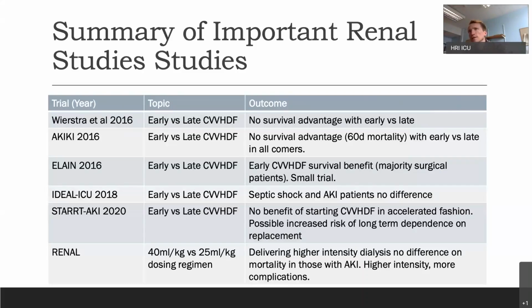I'm not sure if that's because of the surgical cohort of patients, but they tend to do better. That's the ELAN trial. The other one to mention is one we've already mentioned before, which is the RENAL trial, which looked at 40 mils per kilo versus 25 mils per kilo, and found no benefit in delivering higher intensity dialysis. So again, going into your exam, have a little list of studies, try and allocate them to a topic. These are the ones that I thought would be the most handy.